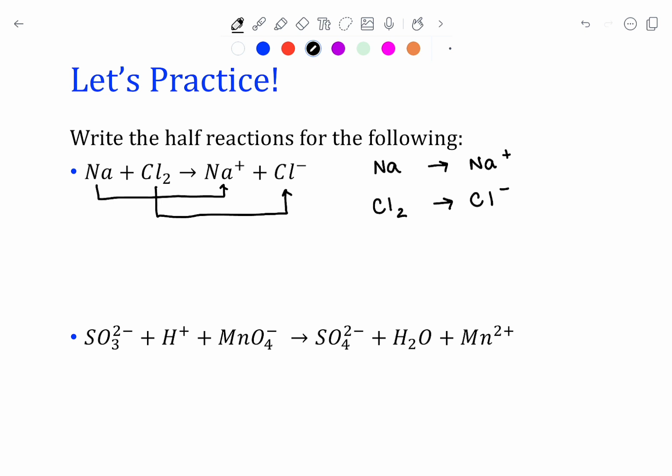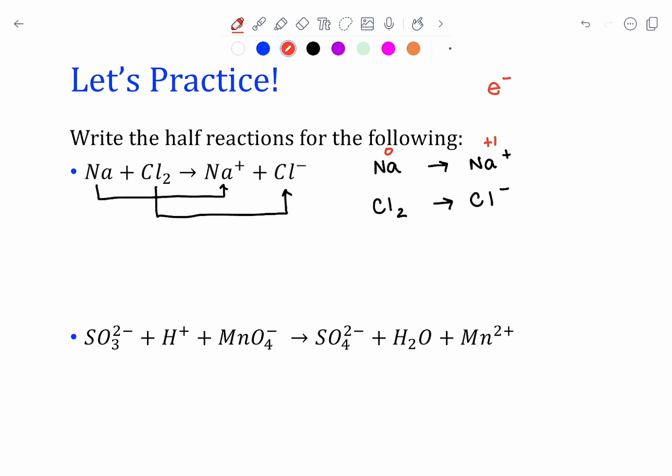So we can see here that these two reactions are not balanced, both charge balance and mole balance. With sodium turning into sodium 1+, we don't have charge balance. We have a charge of 0 on the reactant side and a charge of +1 on the product side. So we want to balance that out using electrons. Remember, an electron we show as e-. We can always add multiples of those so that we can have multiple of that charge.